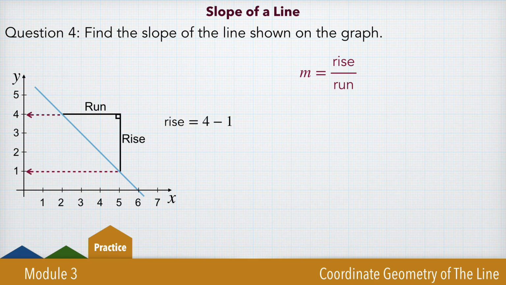So the rise is 4 minus 1 and the run is 5 minus 2. Substituting into the formula gives us a value of 3/3, and simplifying gives us a slope of 1. But in this case, the line is decreasing from left to right, so the slope is negative.